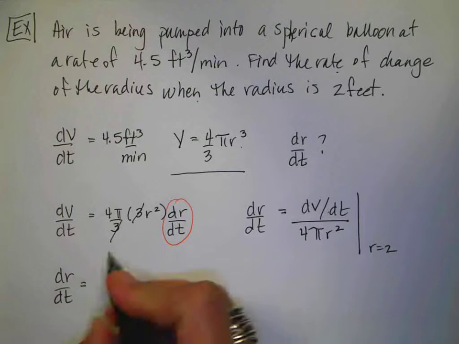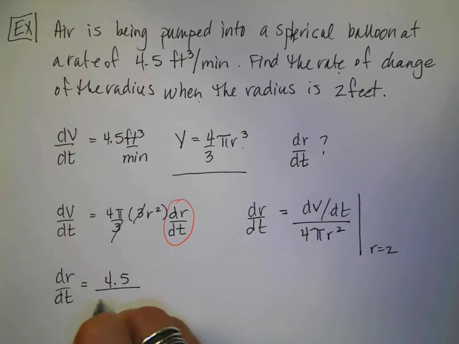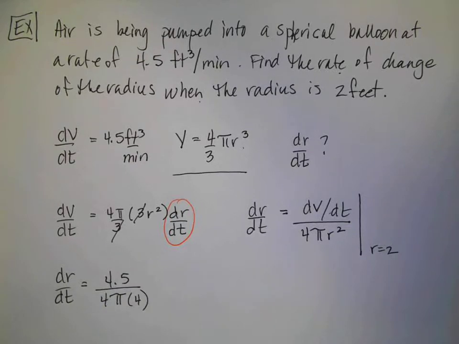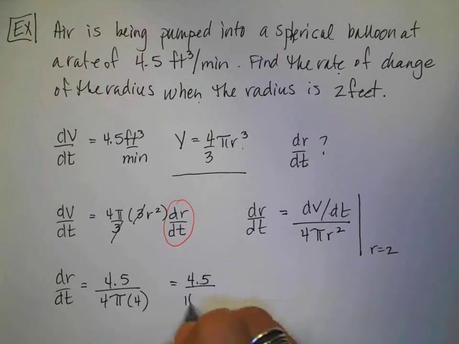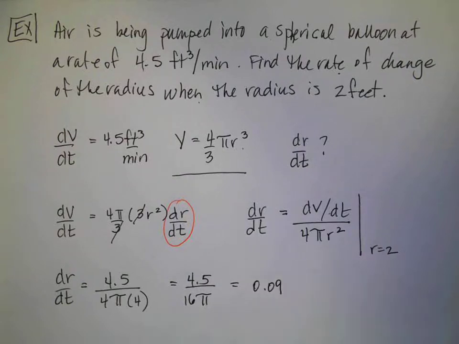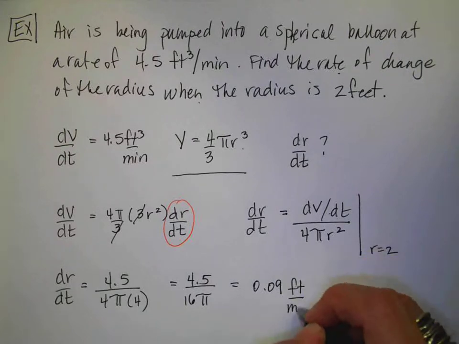I know dV/dt, so I know everything. So dr over dt is going to equal my dV/dt, 4.5, divided by 4 pi times my radius squared, which is 4, because 2 squared is 4. Then if I clean that up a little bit, I get 4.5 over 16 pi. And then when I do that math, I get 0.09.